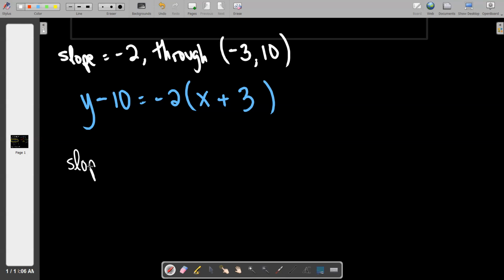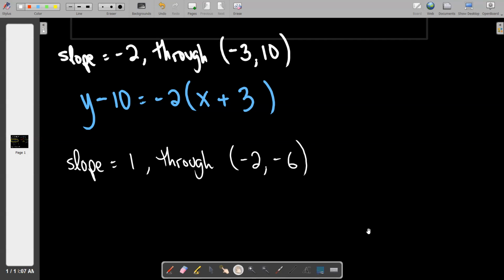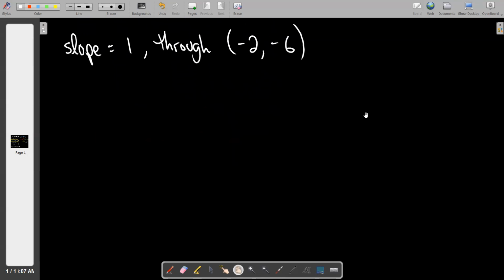Slope is 1. We're going to go through the point -2, -6. What is it going to look like?